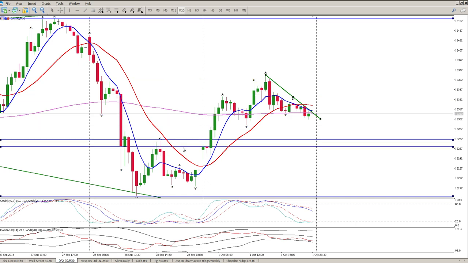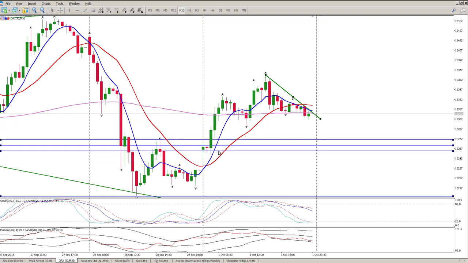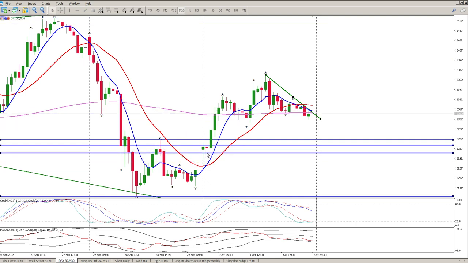I'm just going to use this line. There is an inside tail. Okay, let's use this line here. That's another inside tail, that's inside this one.